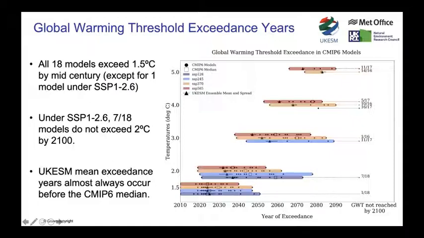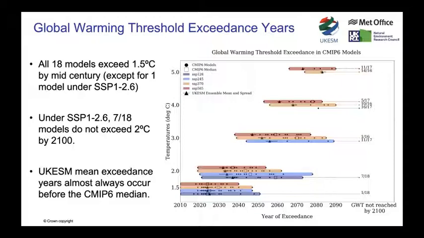Some points of interest that I've listed here: we considered 18 models that were fairly representative of CMIP6 models. All 18 models except one exceed 1.5 degrees Celsius by mid-century.